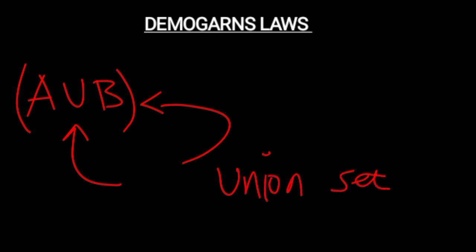So inside the brackets we are going to be describing the sets using symbols. And outside the brackets, if we remove these parentheses, we are going to describe the set using words. The symbol for union, in words, is the same as or.